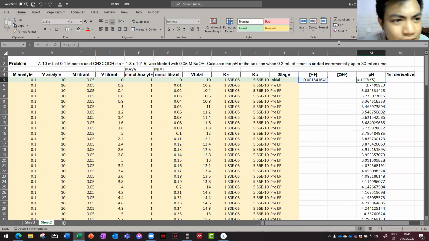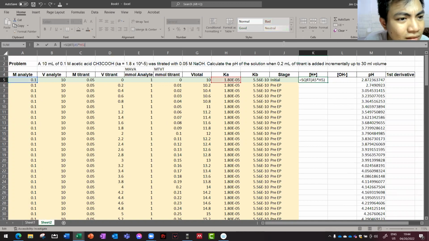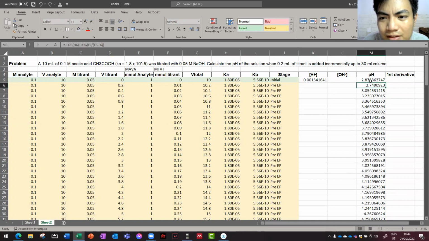I'm thinking, why is this higher than this one? Anyway, that's probably because of our small x approximation. Anyway, so to get the first derivative, we'll also do the same as the previous one. So we will start at the second entry.